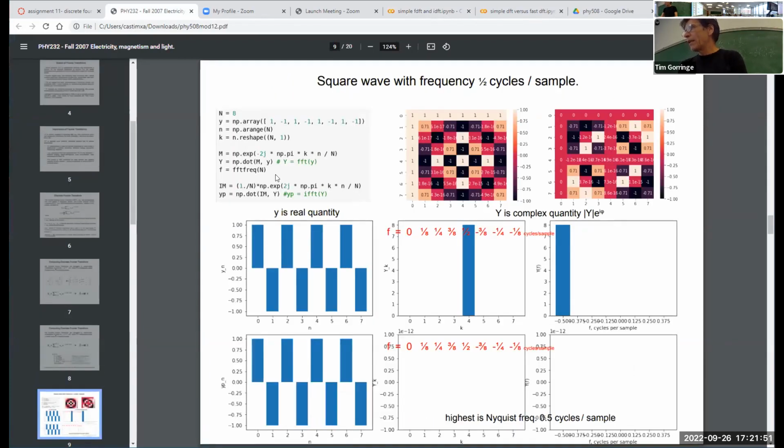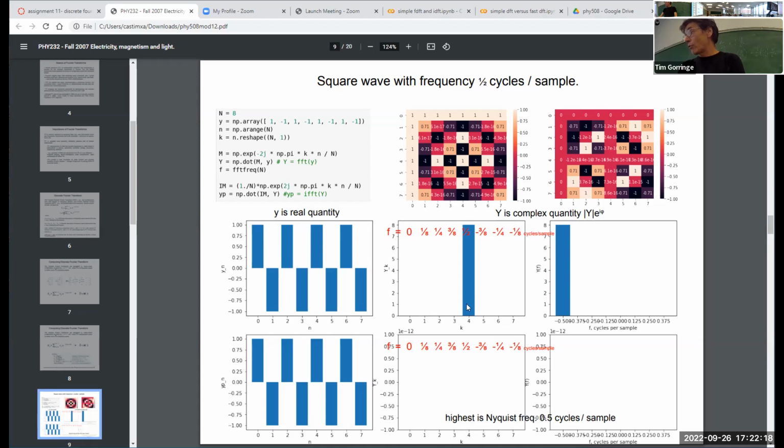Okay, so here I summarized that version, because, as I say, it is maybe a little confusing to decode the meaning of the frequency domain data when it's plotted versus K. These little labels here tell you what the frequencies are in cycles per sample.